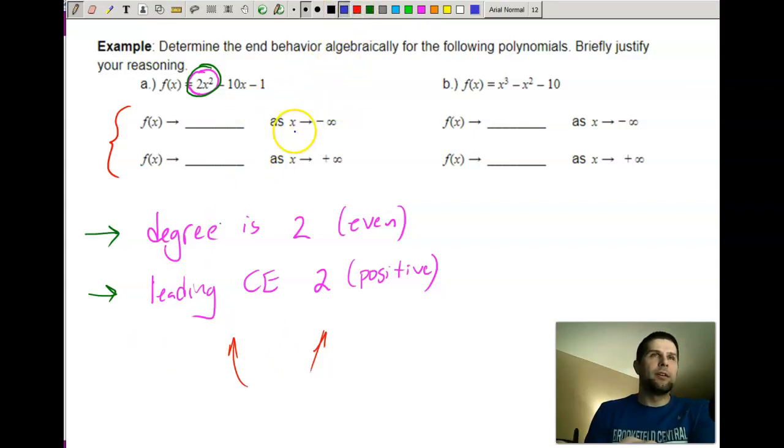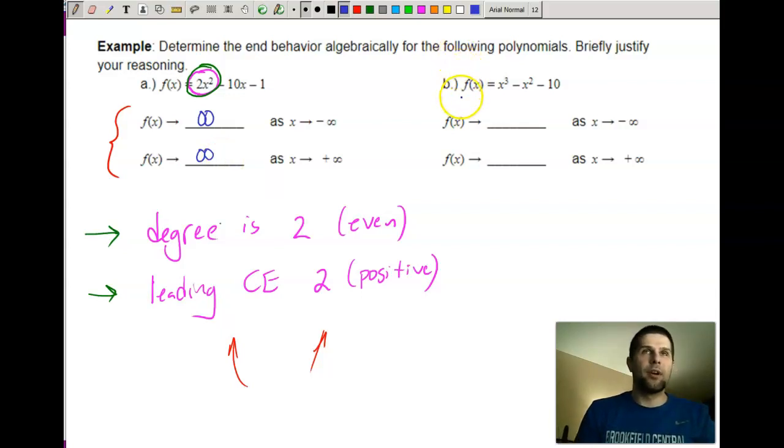So that's going to be: the graph f of x is going to approach positive infinity as x approaches negative infinity. Also, the graph for f of x is going to approach positive infinity as x approaches positive infinity. So the graph is basically increasing both ways. It's going to infinity both ways.